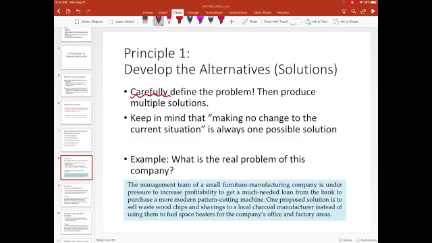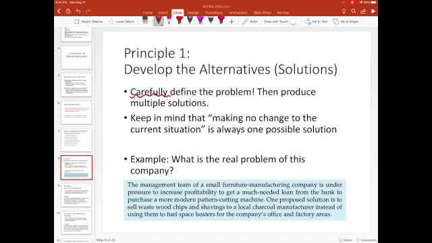But in a real project, sometimes no change is also one option. You just stay as is and see if it can be worse. Sometimes if you take an action, maybe it's even worse than just doing nothing.